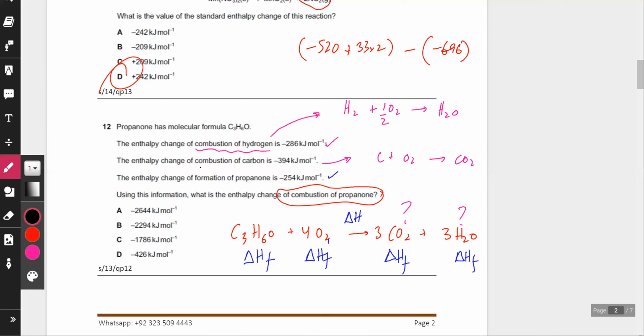Now the issue is, you're calling it combustion of carbon and combustion of hydrogen, right? Can you call it the enthalpy of formation of H2O? By definition, what is enthalpy of formation? When a substance is formed from its elements, right?